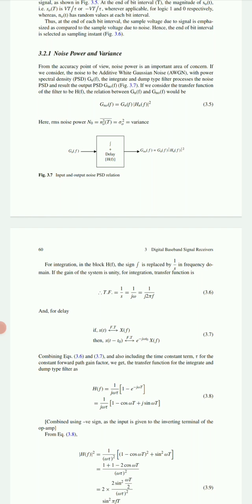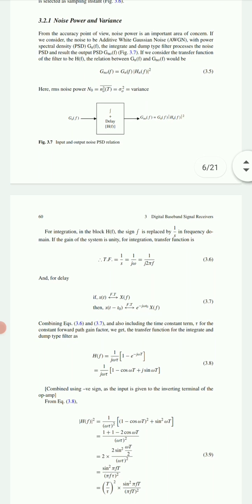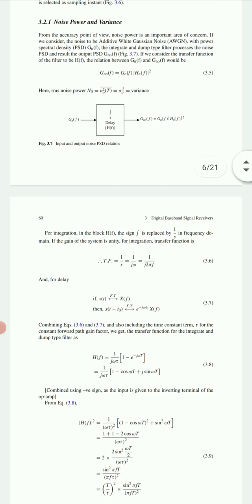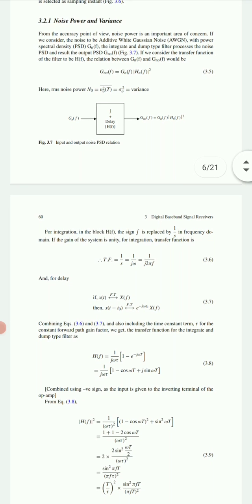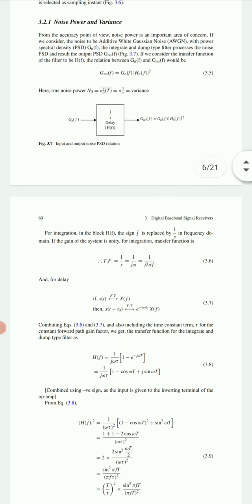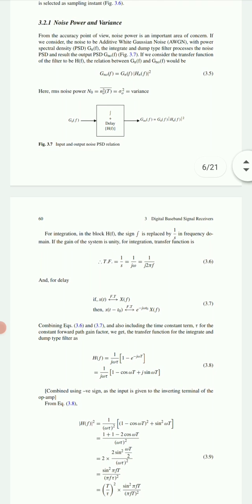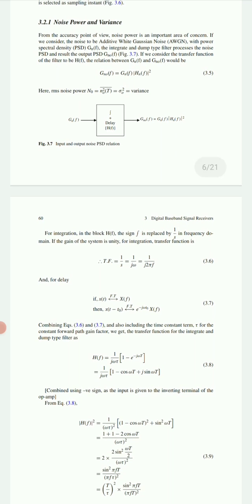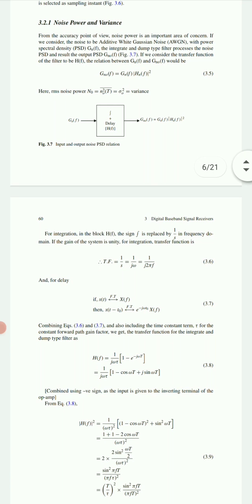These concepts you get in digital communication, in digital signal processing, and you have seen them in signals and systems also. So you will need it here, how we take the transfer functions and the Fourier transform.